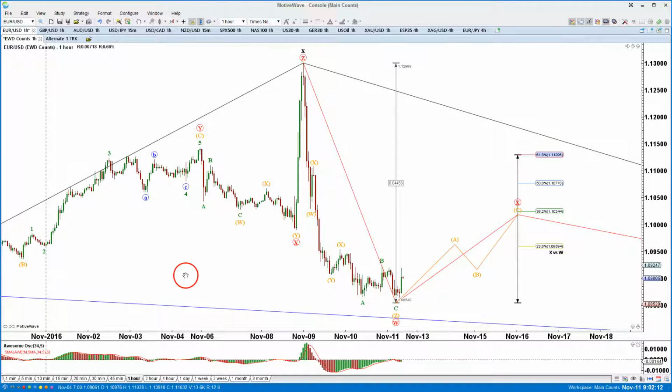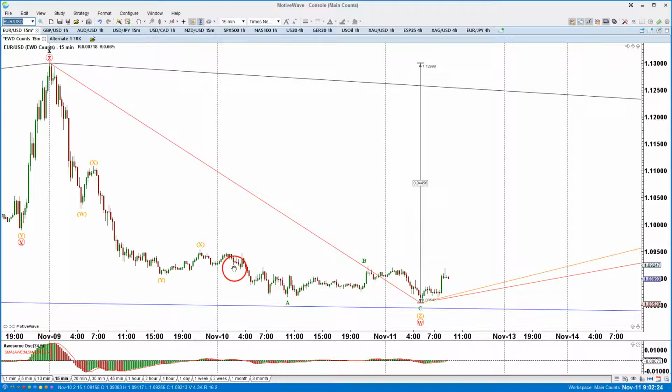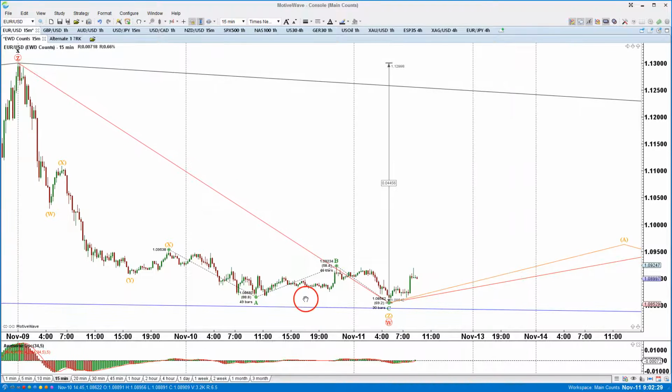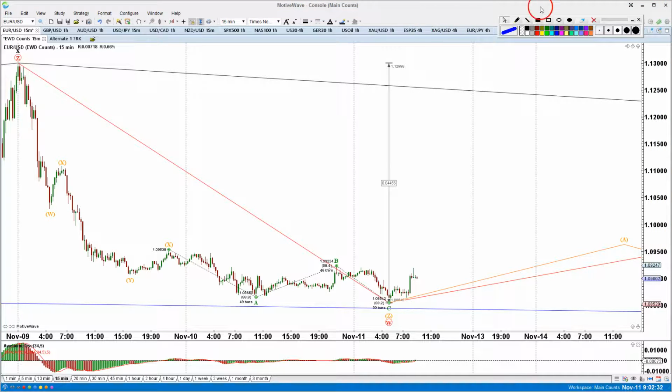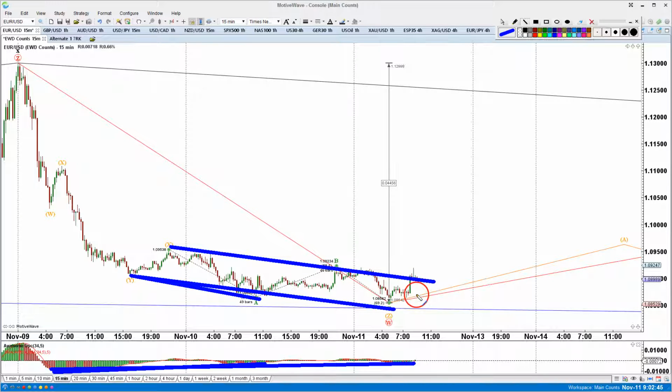In order to validate the idea, we can continue to the 15-minute chart. There we're going to understand better what's going on. Here on the 15-minute chart, we're seeing the price rejecting the low. We have new lows here and here, divergent, and the price started to break out this internal trend line on the left.